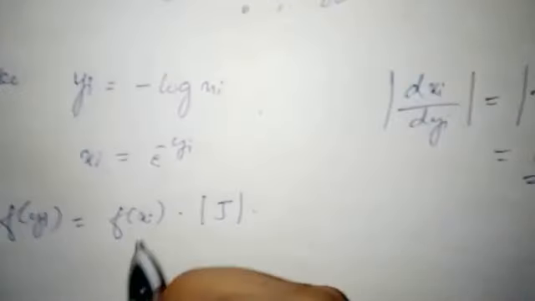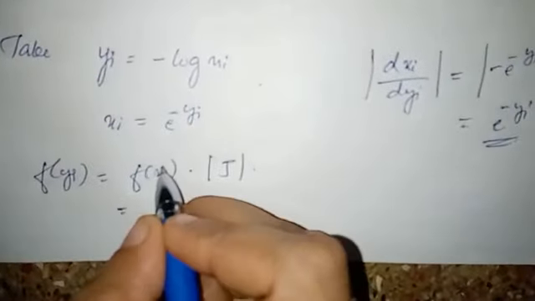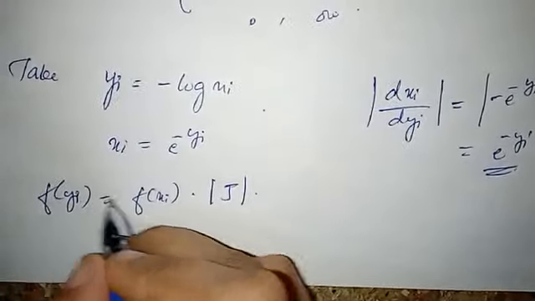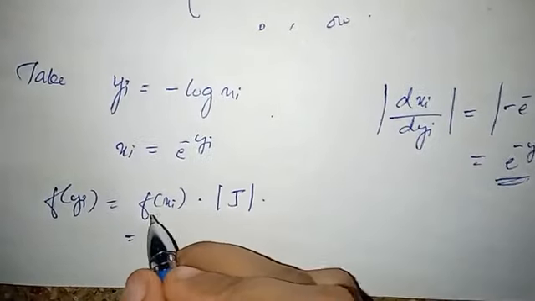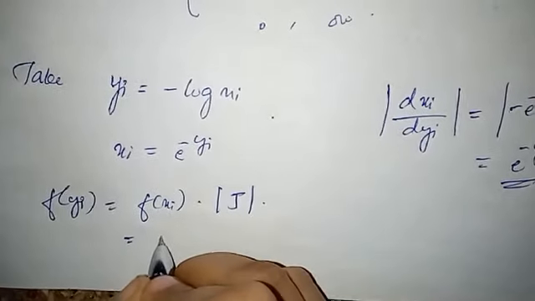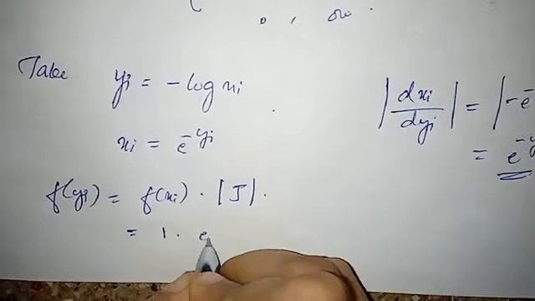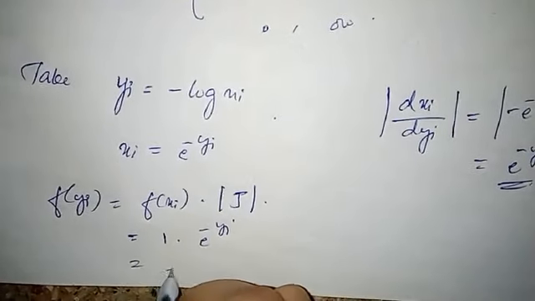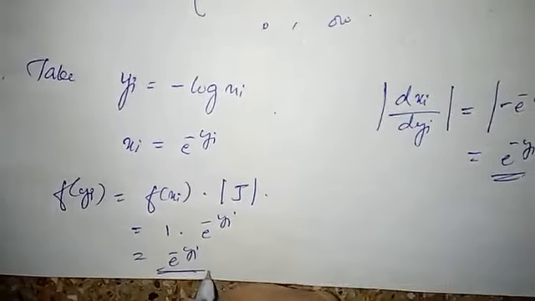Substituting, f of y equals f of xi into Jacobian, where f of xi is 1 and the Jacobian is e power minus yi, so it equals e power minus yi.